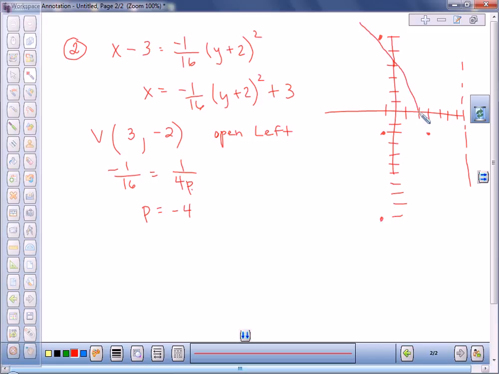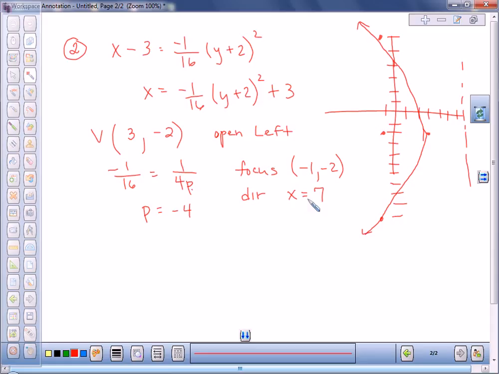And it would look like that. Oops. Let's try to make it go through the vertex. There we go. So our focus once again is at negative 1, negative 2. Our directrix is at x equals 7.